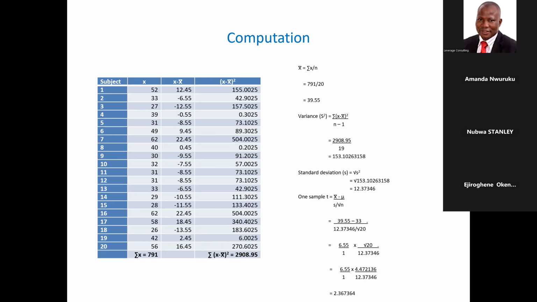The square root of 153 is 12.37. So we can say the mean is 39.55 plus or minus 12.37 years, because you have reversed the square by the square root.